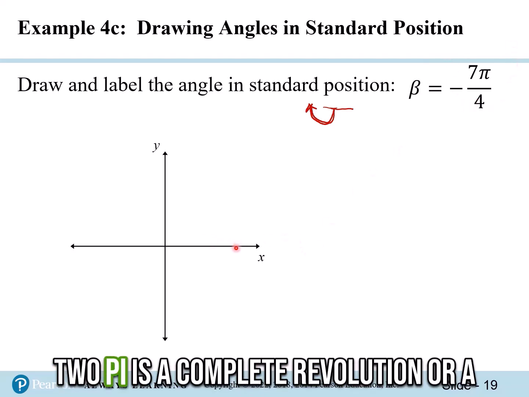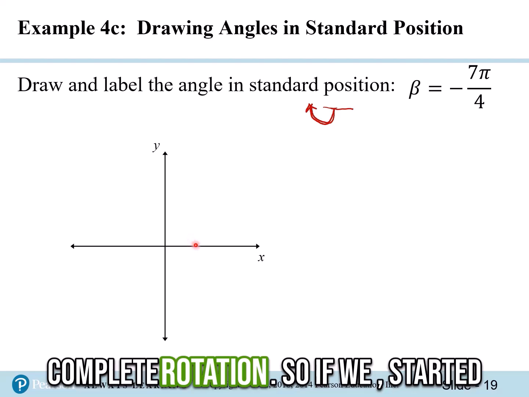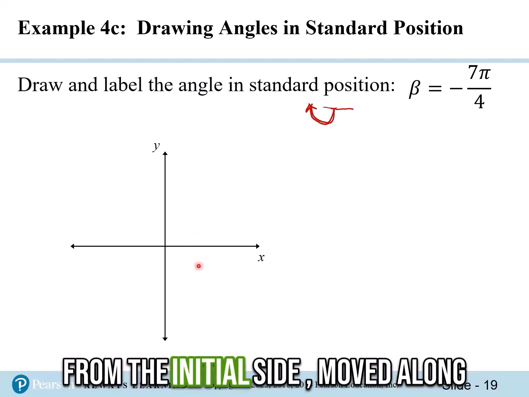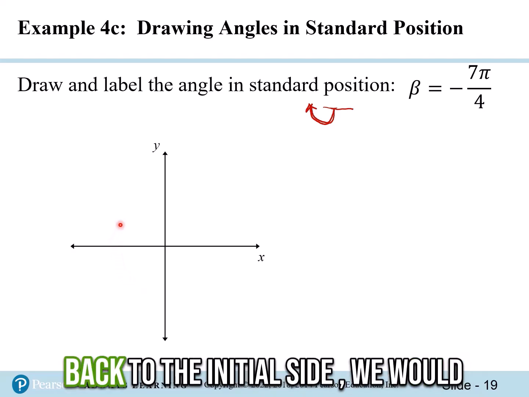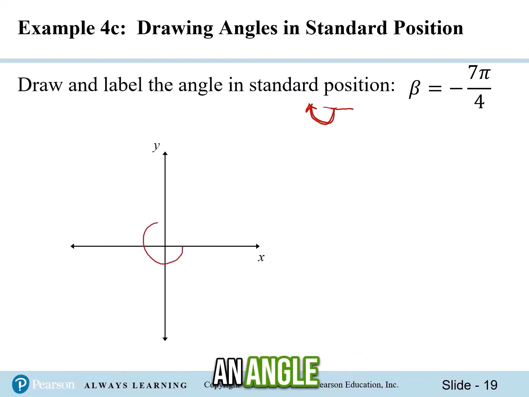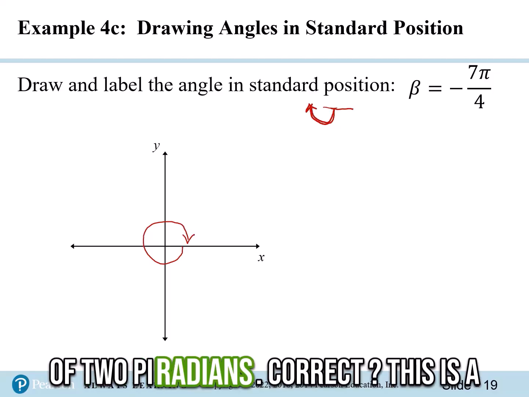Now 2 pi is a complete revolution or a complete rotation. So if we started from the initial side, moved along the clockwise direction and came back to the initial side, we would have formed an angle of 2 pi radians.